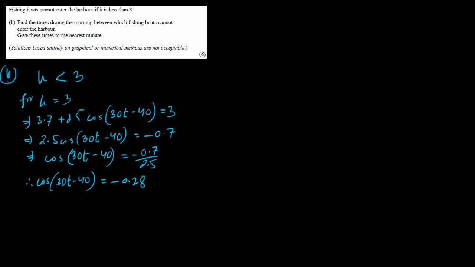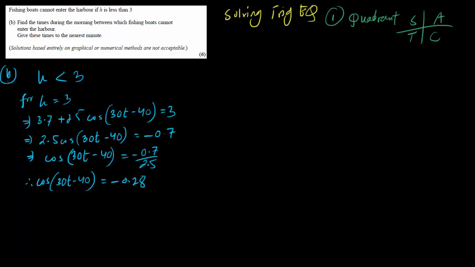Now remember the steps of solving a trigonometric equation. The first step is you have to select the quadrant. So that is CAST. Select any two: cos positive, all positive, sine positive, tan positive.